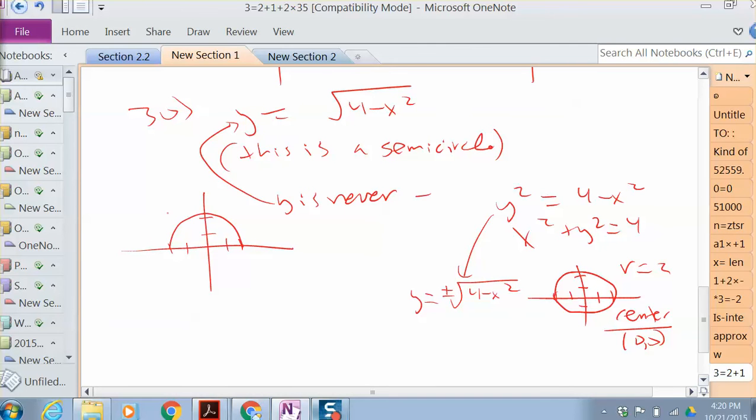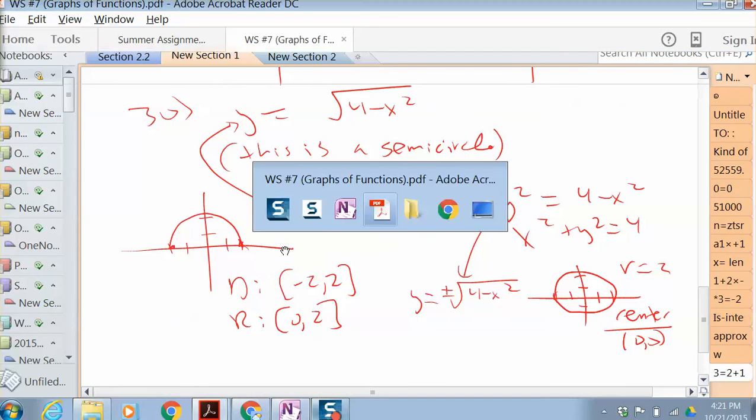So that's what we have for 30. Domain, of course, from -2 to 2. The range from 0 to 2. So these are functions that we tend to see often in this course.